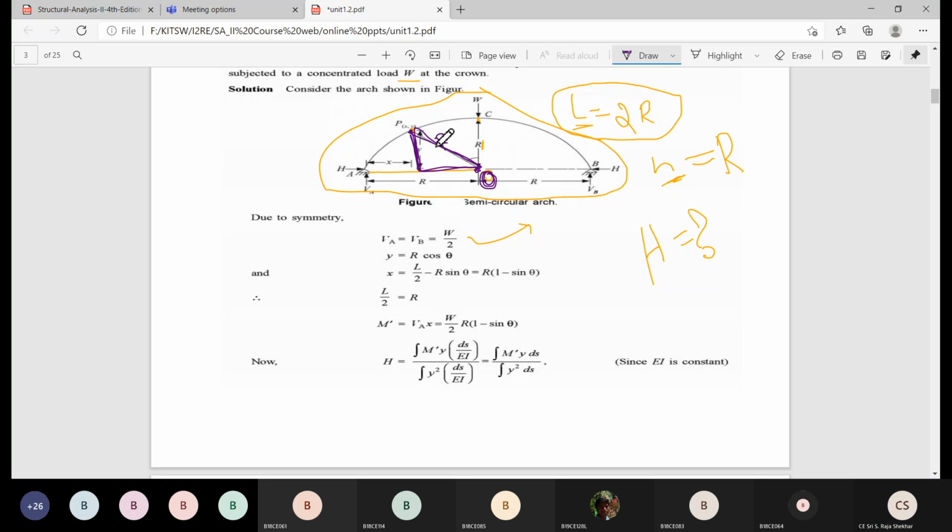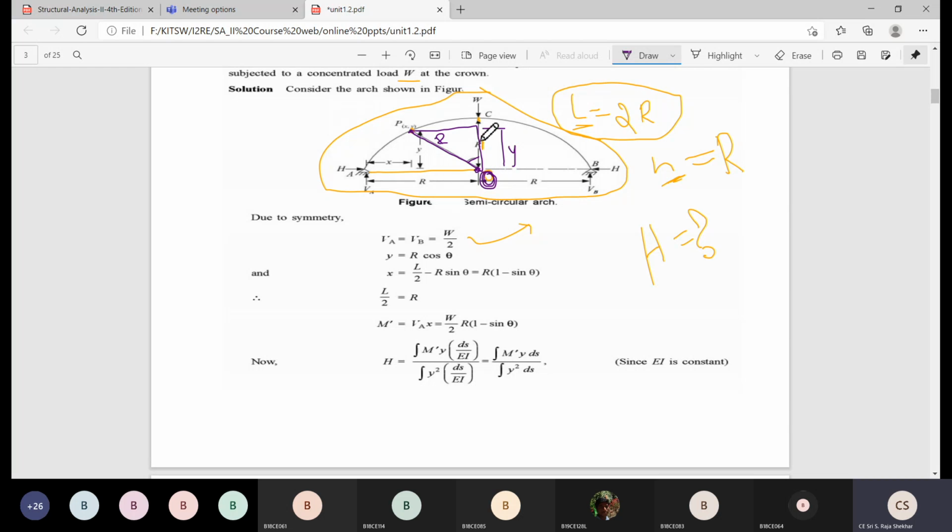The angle between the rise and this point P is theta. So consider this triangle. Whatever distance is available here is the same here. This is Y. Now write the equation of Y in terms of R and theta. This hypotenuse is R, and the angle is theta.